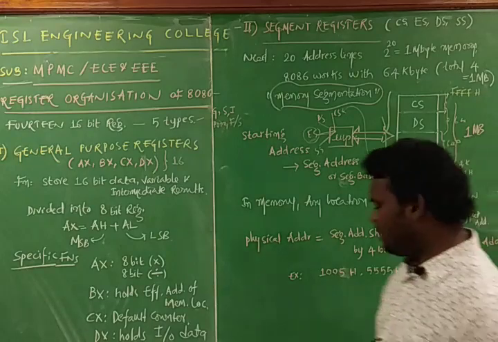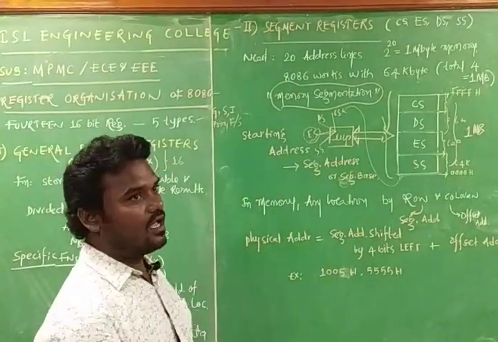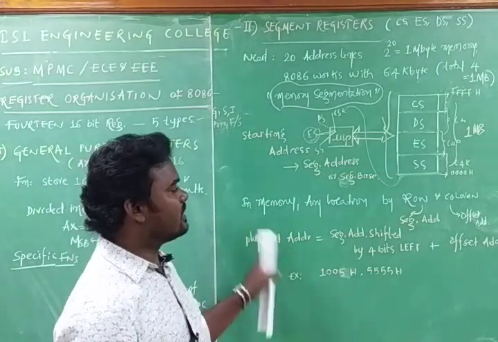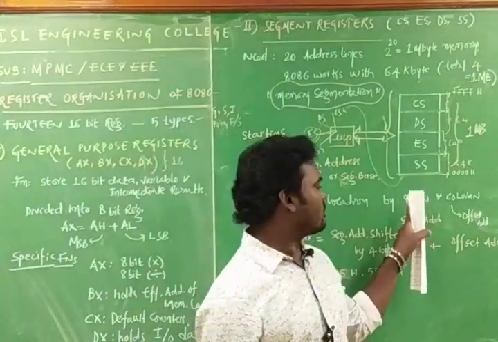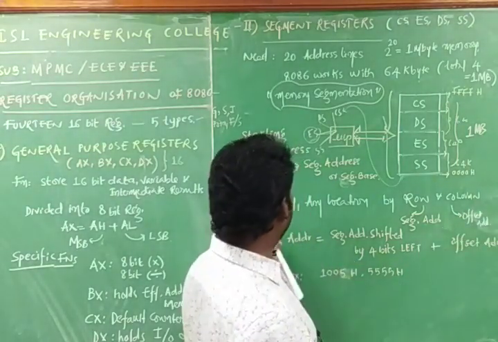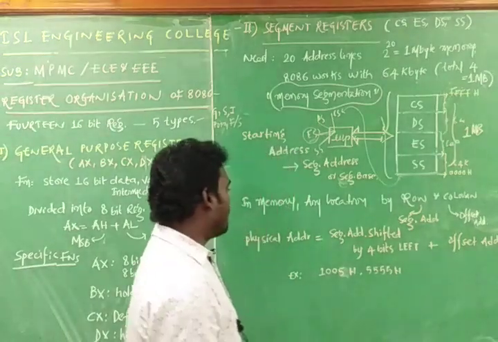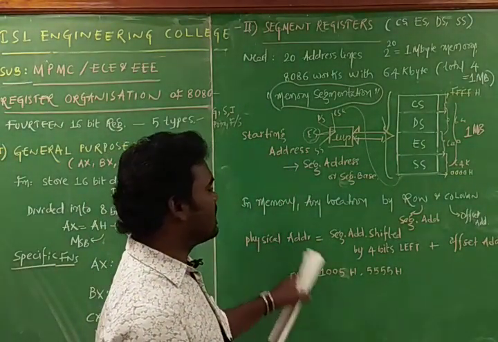And here we can calculate the memory location of any particular segment by using the row and the column address. By using the row and column address, we can calculate the location of that particular data in the memory, and that location is named as physical address.